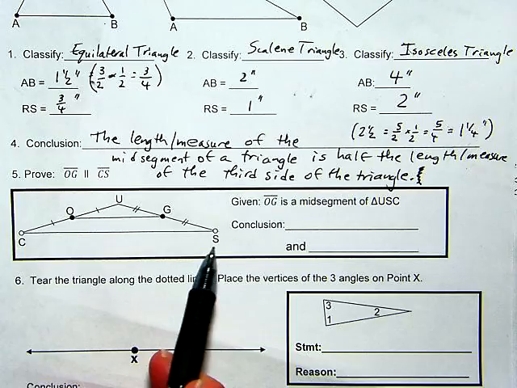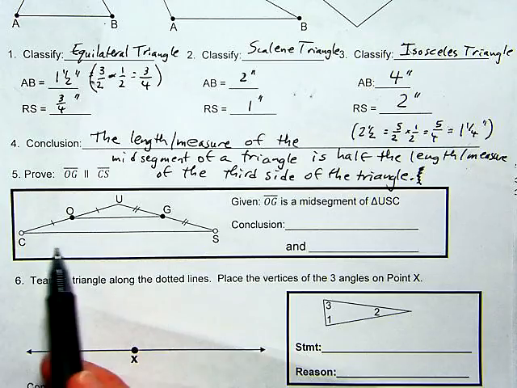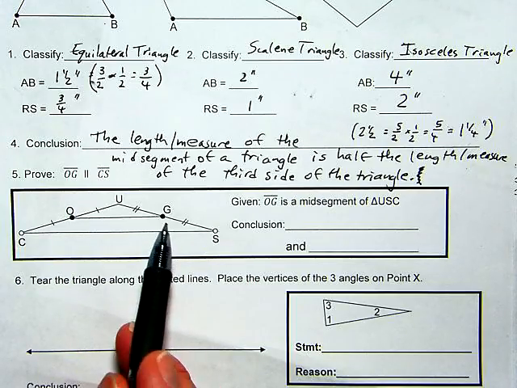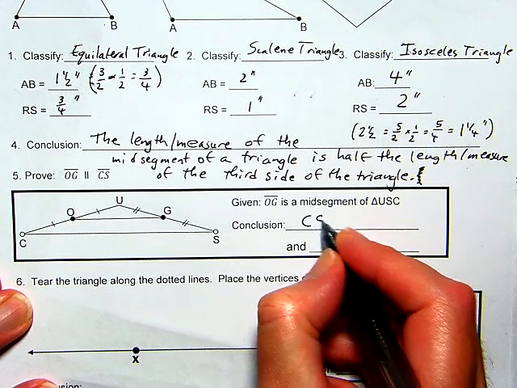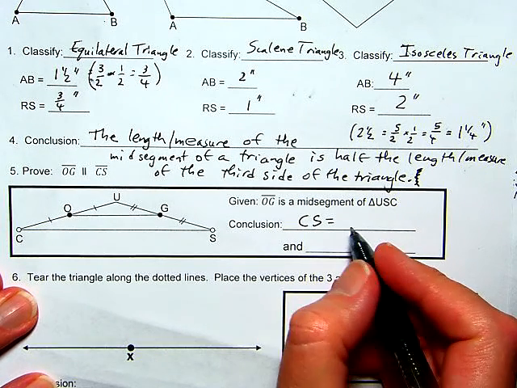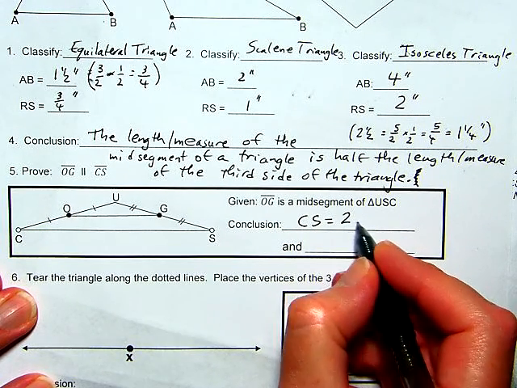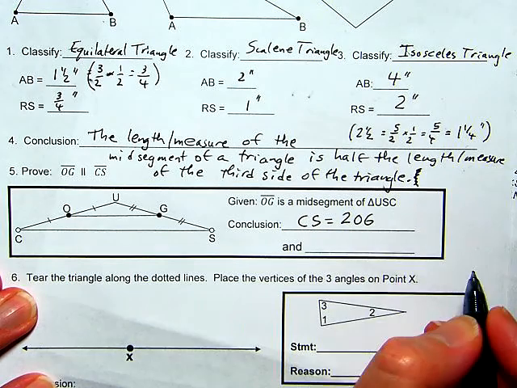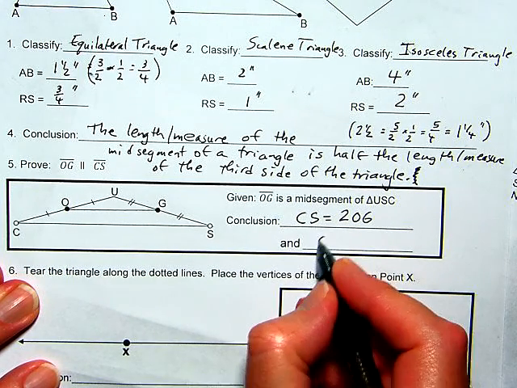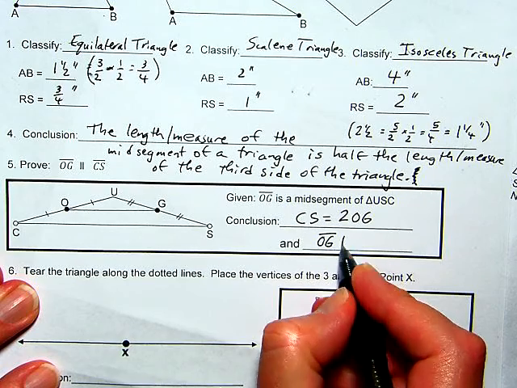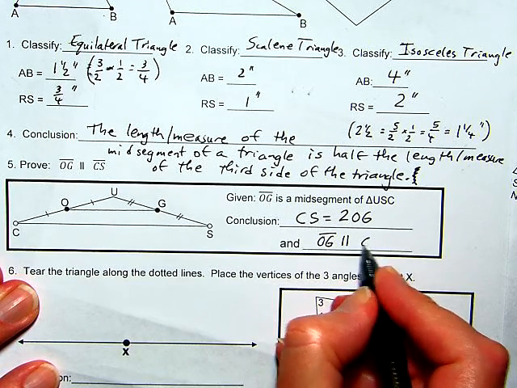So let's write it that way. Let's say that CS, or the measure of the bottom of this triangle, is equal to 2 times the measure of OG. But we can also conclude that OG is parallel to CS.